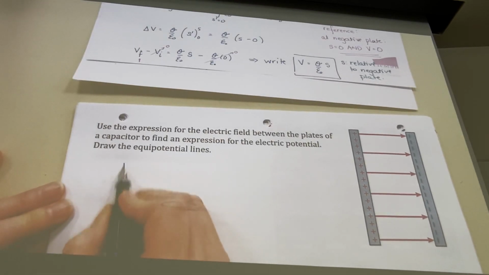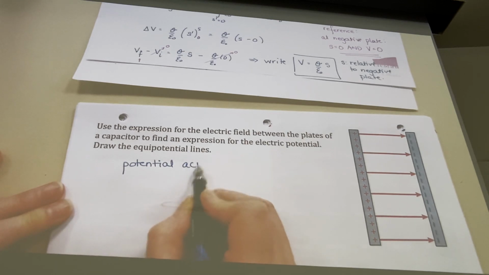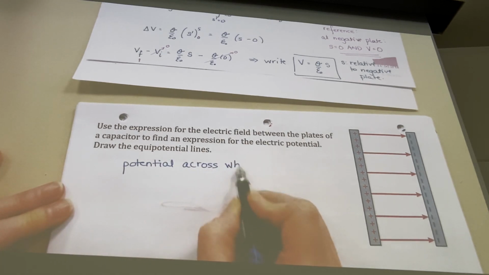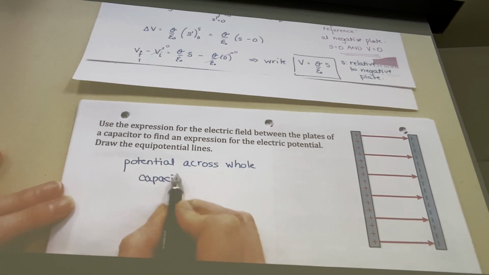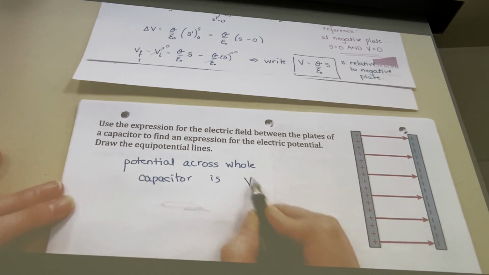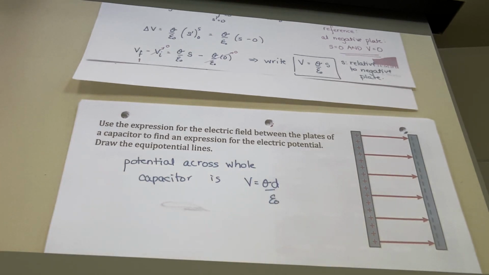So the potential across the whole capacitor is V equals sigma d divided by epsilon naught. So if you knew something about the charge and the area and the plate separation, you could find the total potential between the plates. We're going to come back to this result when we talk about capacitors, which should be in our next lecture. We won't get to it today, I don't think.